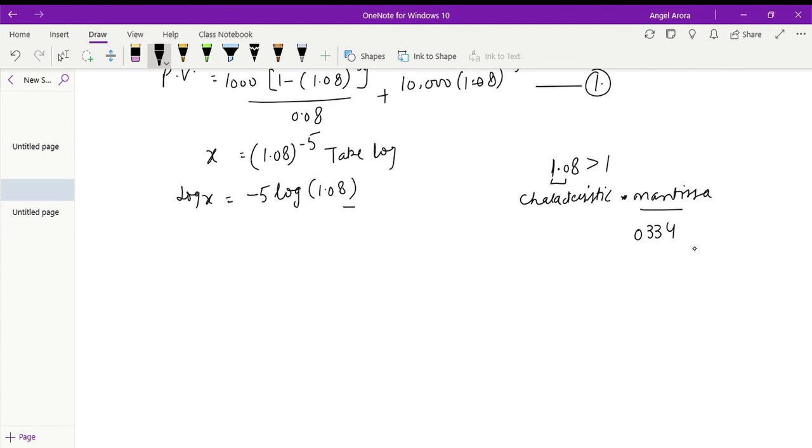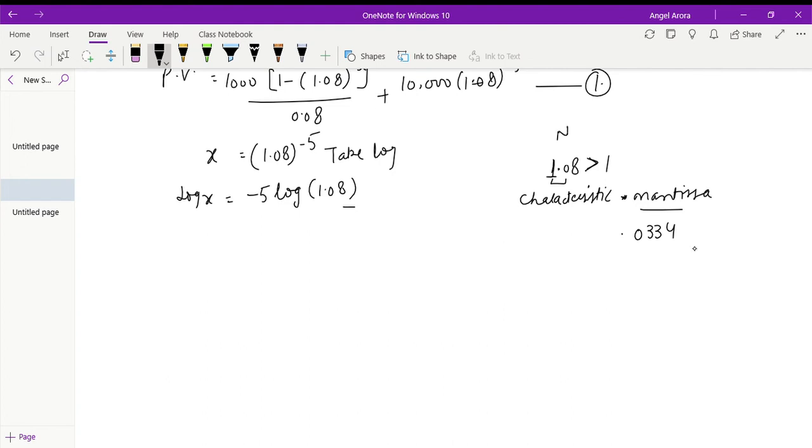So this is the mantissa part and then decimal. So what will be the characteristic? For this we have to see whether the value is more than 1 or less than 1. This is obviously more than 1. If this is more than 1, we have to count the number of digits to the left part of the decimal.